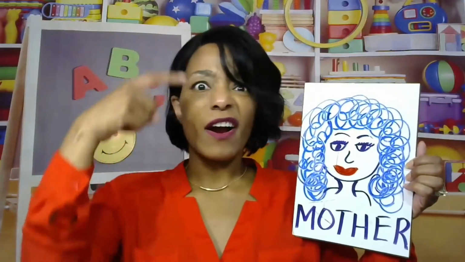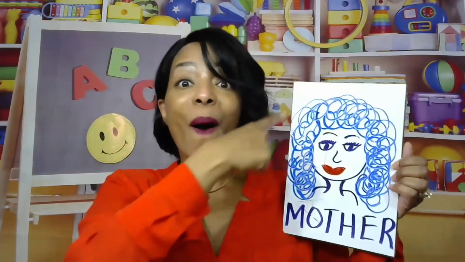Who is it? It's Mother. Let's look. What color is her hair? It's blue. Great job. Like your truck. Great job. And that's all I did for scenario number 2.